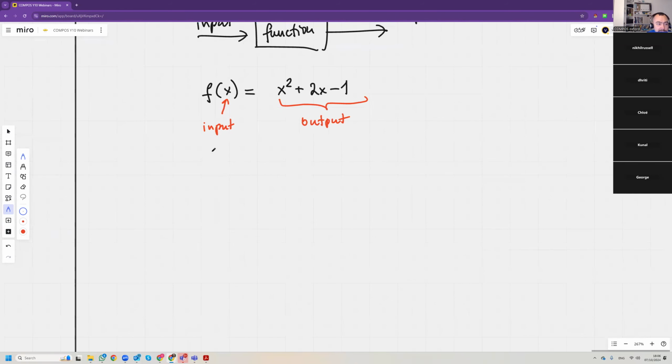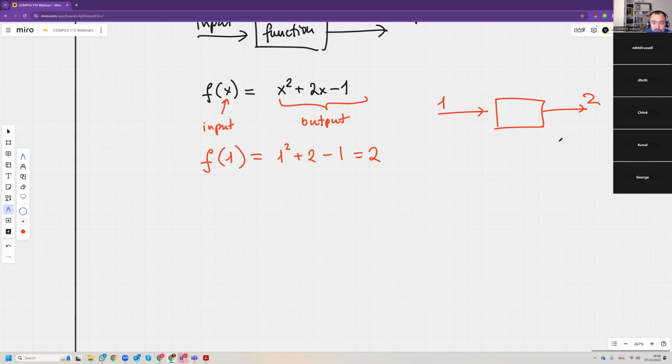If the input for this particular function is 1, the output is going to be 1 squared plus 2 minus 1, which is 2. So we can say that if the input is 1, the output is 2.